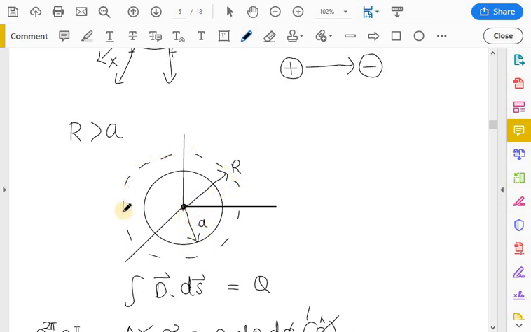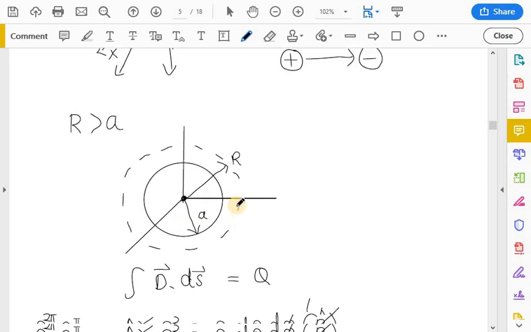No matter how big my Gaussian surface is, the total charge represented by my structure depends on its radius, not on the radius of the observation point.